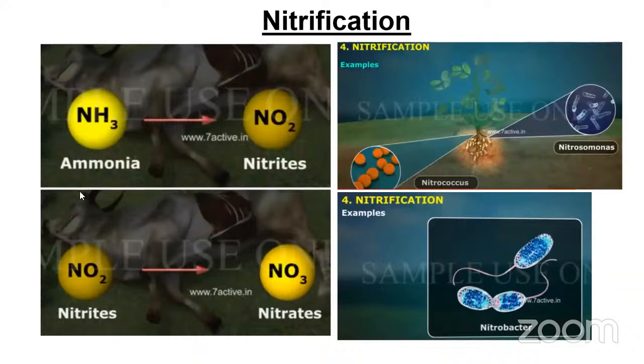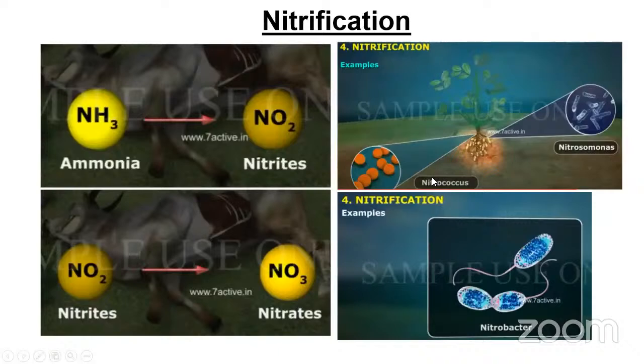The fourth step in the nitrogen cycle is nitrification. In this step, ammonia is converted into nitrate. Ammonia is first converted into nitrite with the help of nitrifying bacteria, examples of which are Nitrosomonas or Nitrococcus.